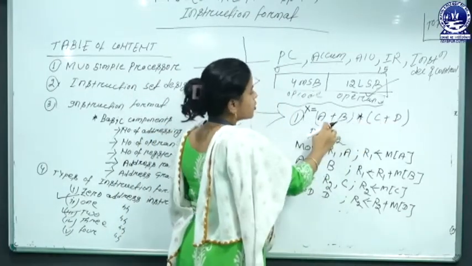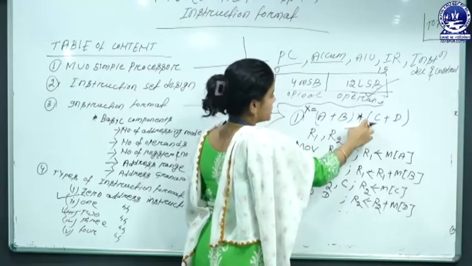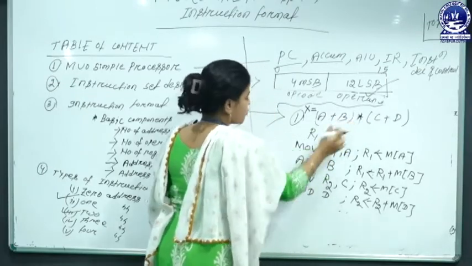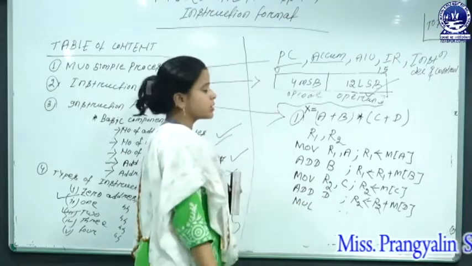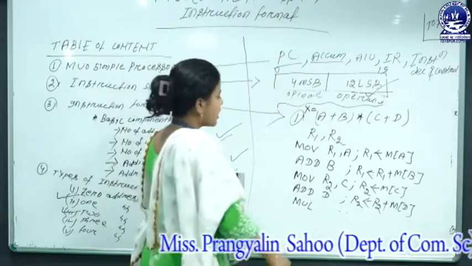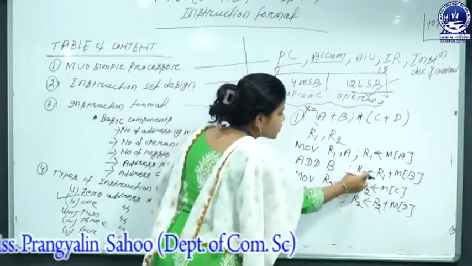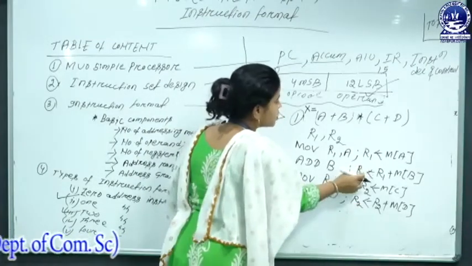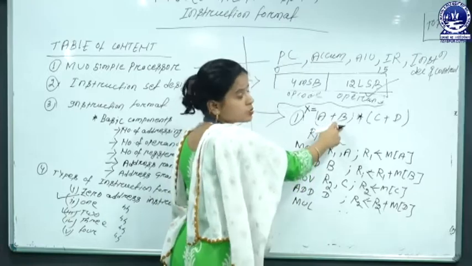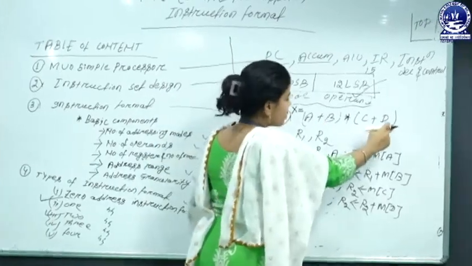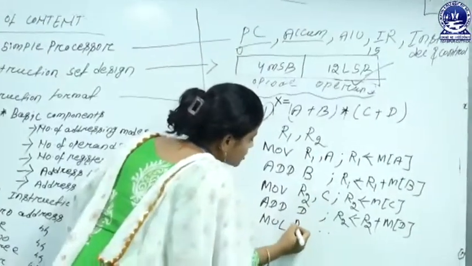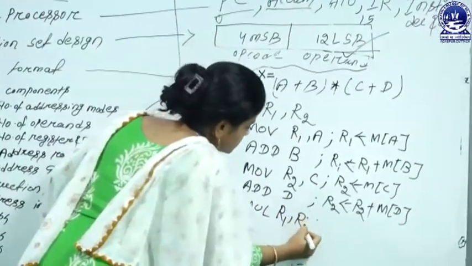Now we have to perform the multiplication, that's your multiplication opcode. So to perform the multiplication, you have to use the opcode multiplication of R1, R2. That means here R1 stores the resultant outcome of A plus B, and R2 stores the resultant outcome of C plus D. So here the multiplication of R1, R2.